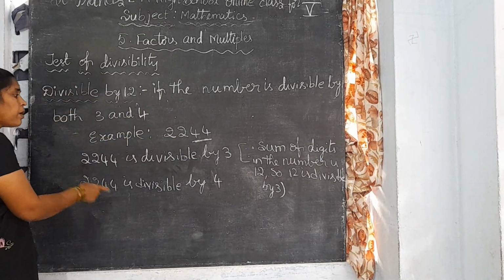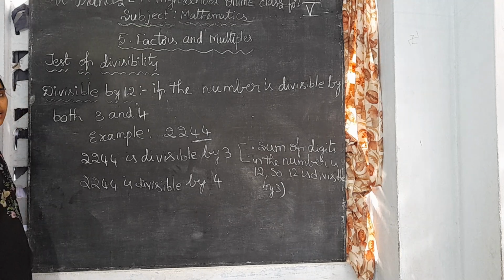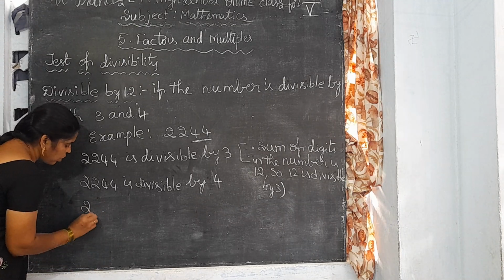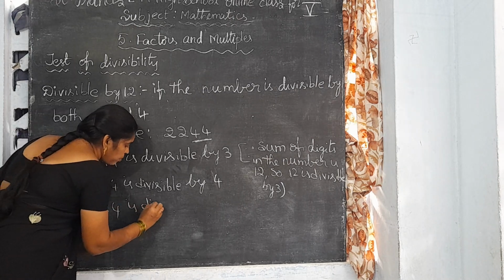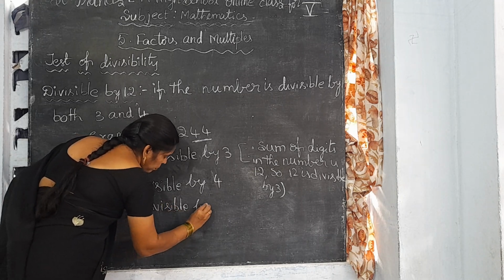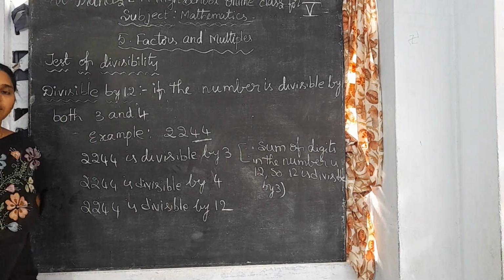It is divisible by both 3 and 4. So the number is divisible by 12. 2244 is divisible by 12. Is it clear, children?